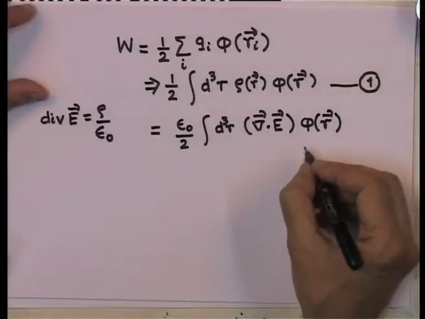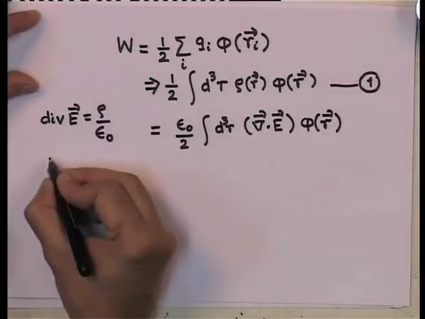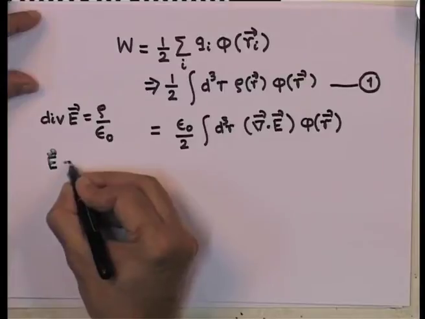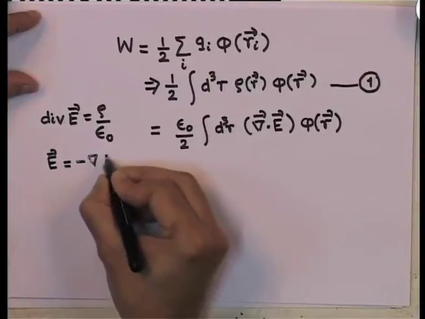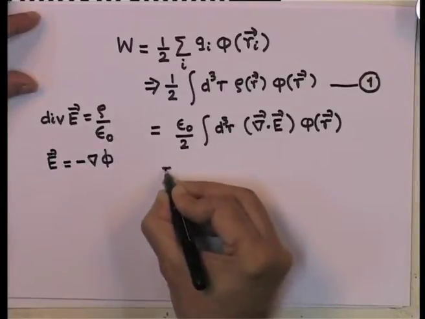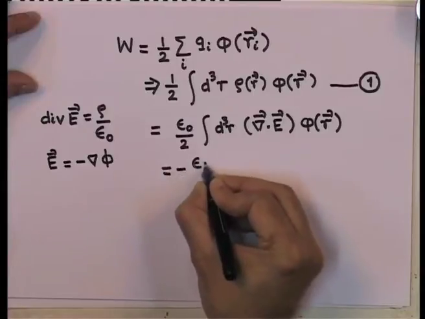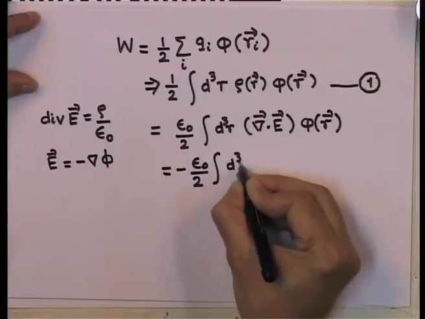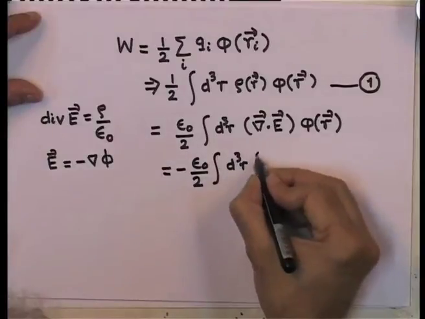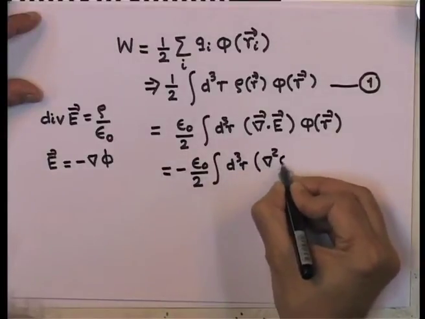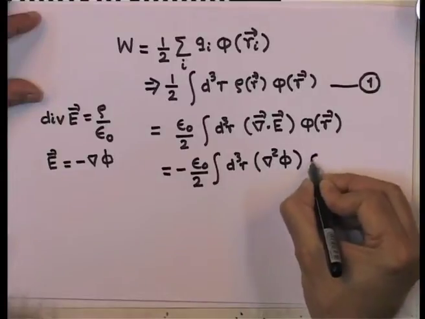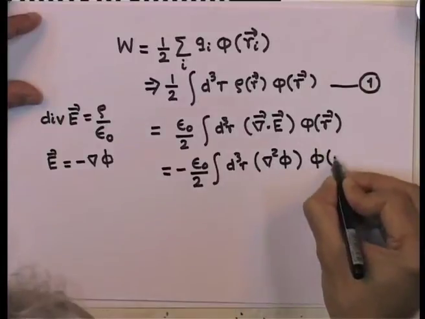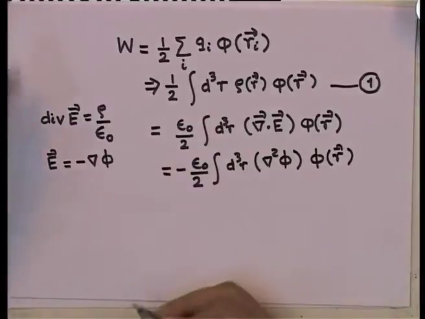But recall that E itself is minus the gradient of phi. So, as a result, I get minus epsilon 0 by 2 d cube r. So, del dot of E gives me del square of phi times phi. Well, there are all these dependencies there.